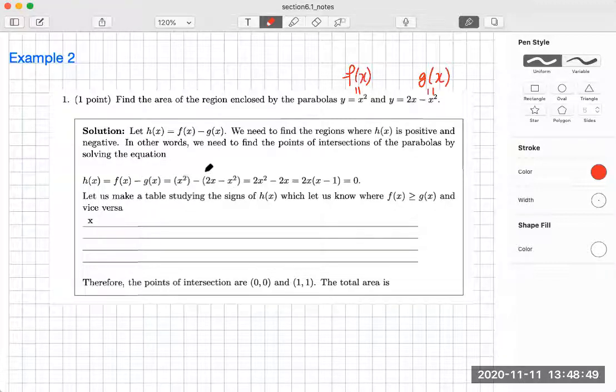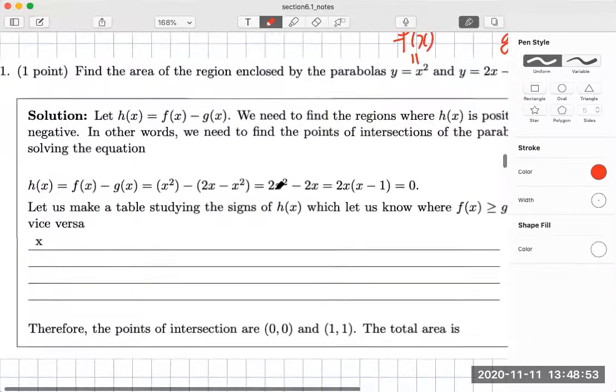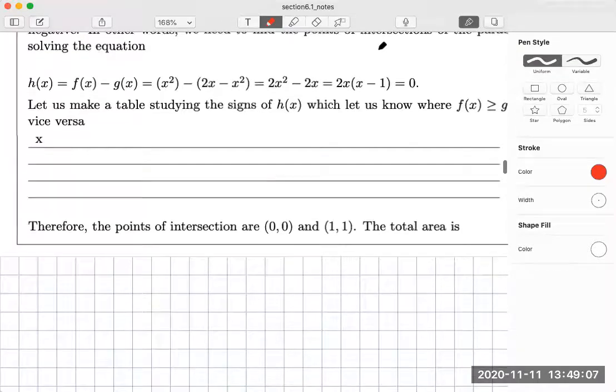We will have x squared minus (2x minus x squared) here, which gives us 2x squared minus 2x. And we should be very careful right here. Okay, let me write it down below.